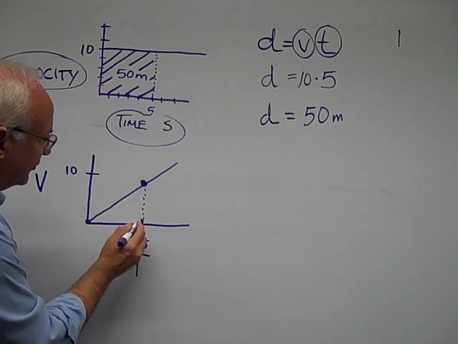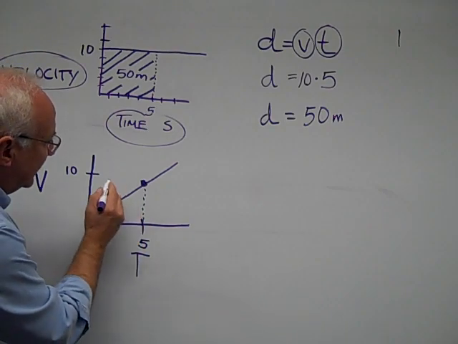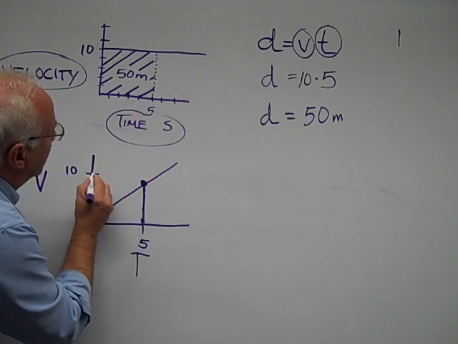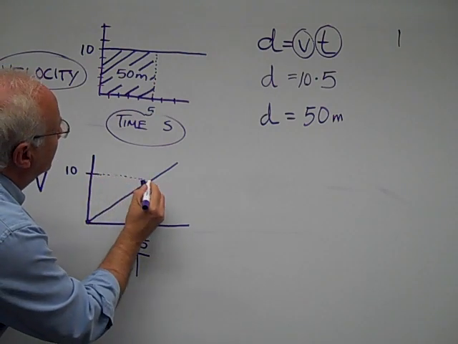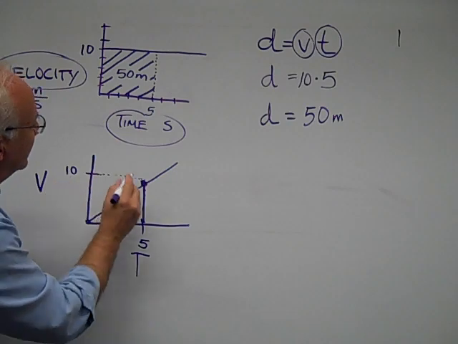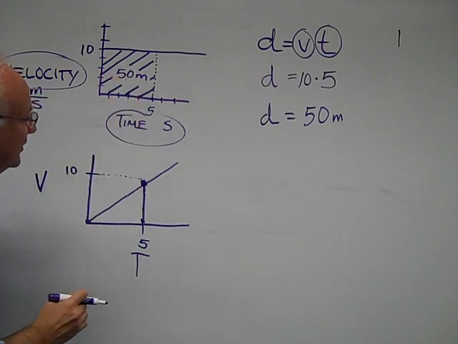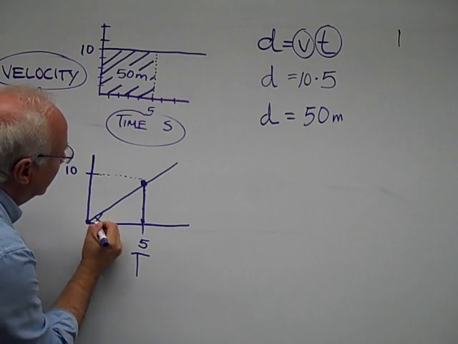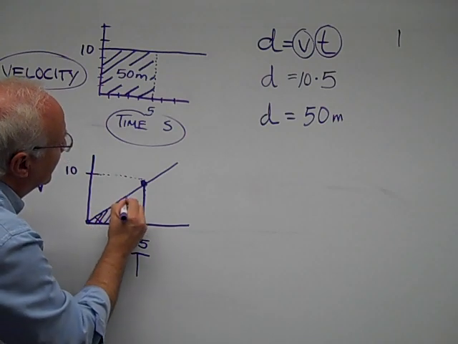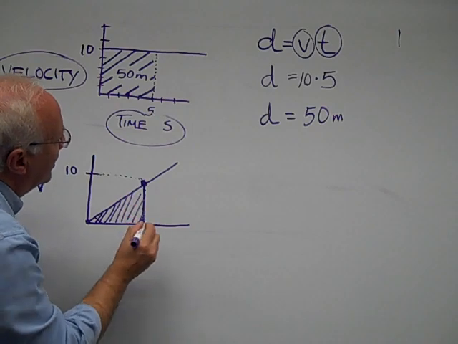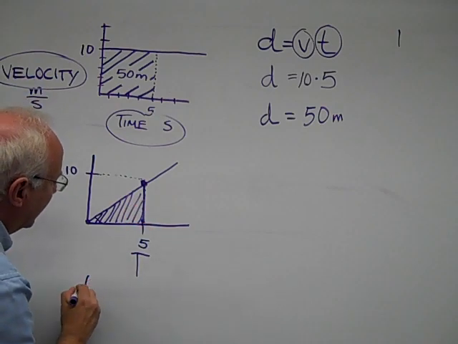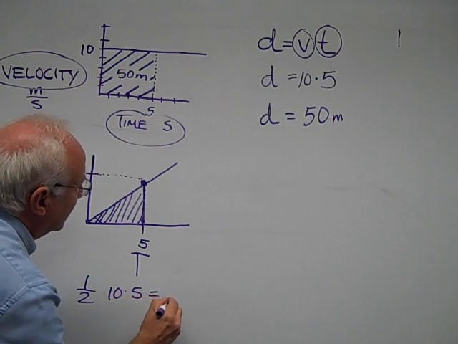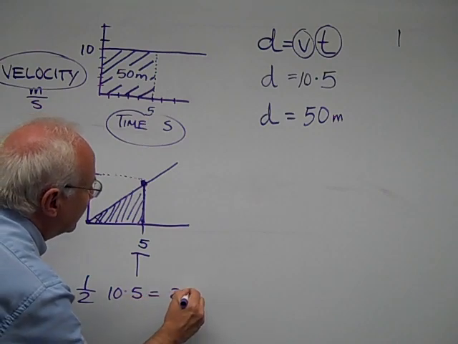This is the area of a triangle that is half of a rectangle which has an area of 10 times 5, just like this one, but the new area is like this. It is 1/2 10 times 5 equals 25.